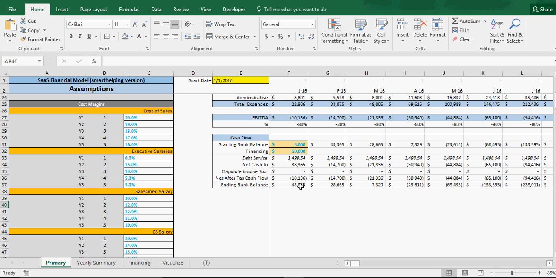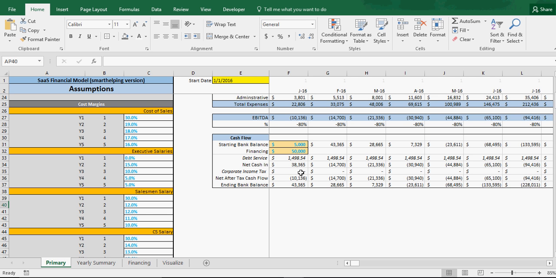So this is just taking your starting balance, filtering everything in. So here you've got financing in month one. You've got debt service, and then you've got net cash in of $38,000. And then you've got negative $10,000 for net tax after cash, because that's saying, well, you lost $10,136.